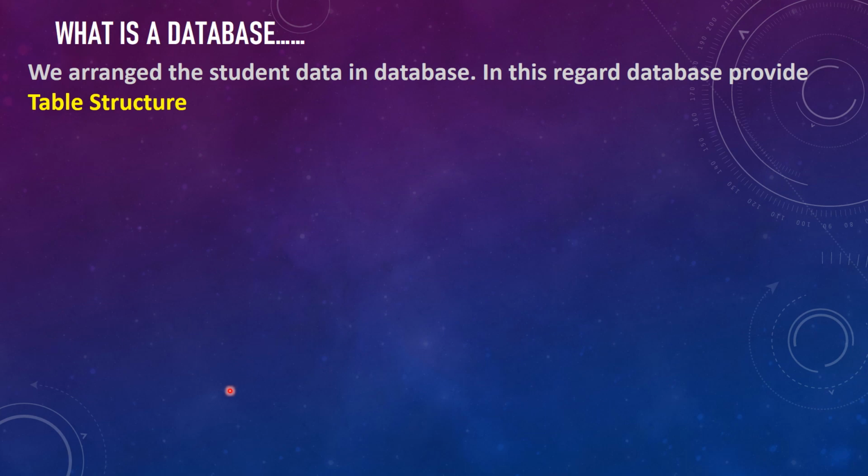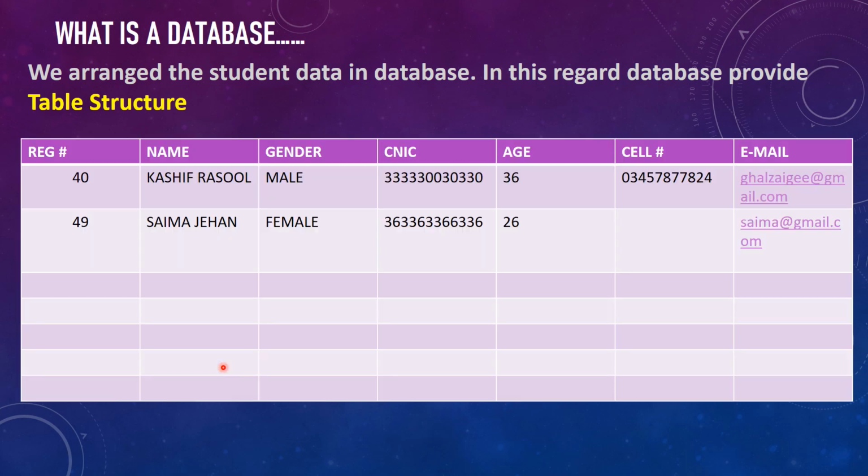We arrange the data in table form. Table is the main structure, main element of the database. So you know well about the table. Check here: name, CNIC, age, cell number, and email address.